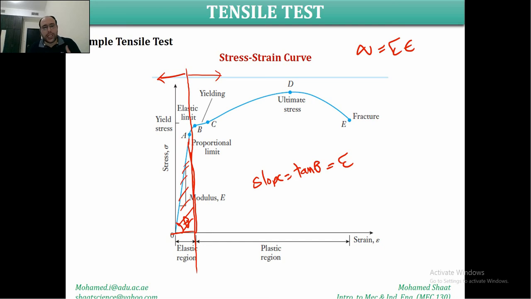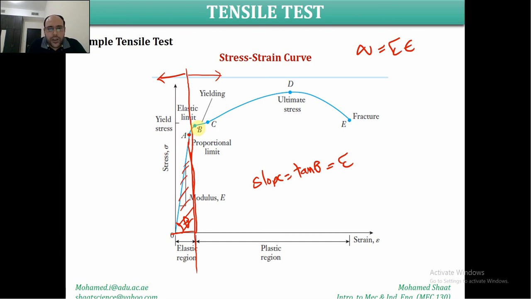But in addition to the elastic modulus, there are many other mechanical properties, like the proportional limit. This is one of the properties of the material that distinguishes one material from another. For example, the proportional limit for steel is different than the proportional limit for aluminum, than copper, and so on.